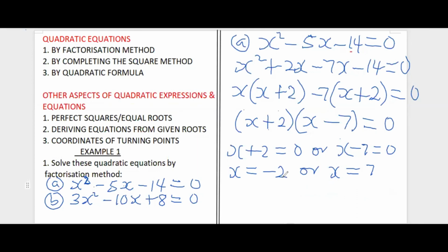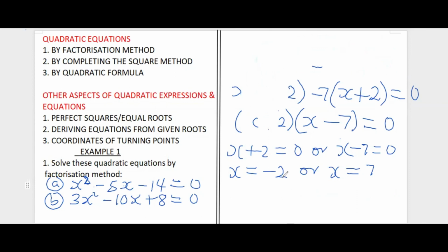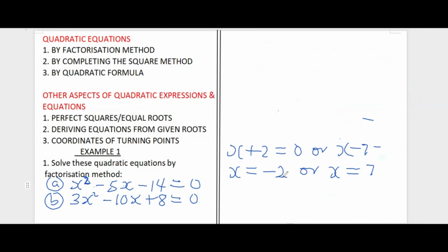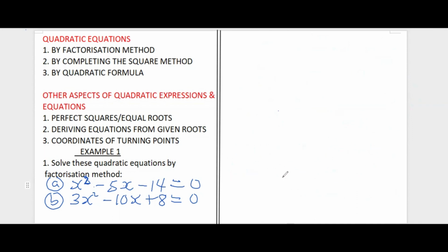We'll quickly go to the B part and see what we get from there when we solve it by the factorization method. So for this B part, we have 3x squared minus 10x plus 8 equals 0.